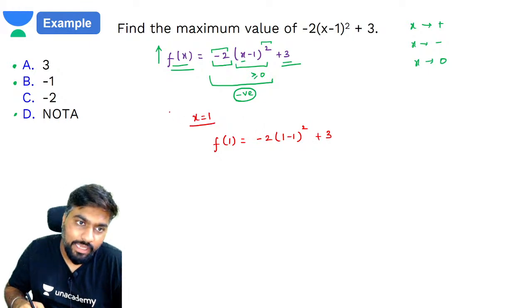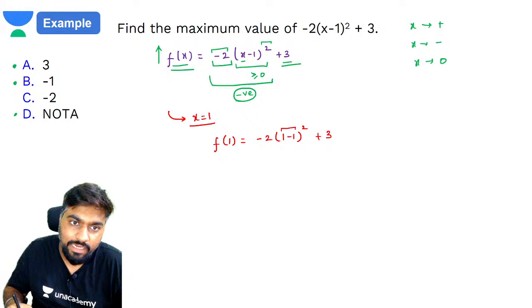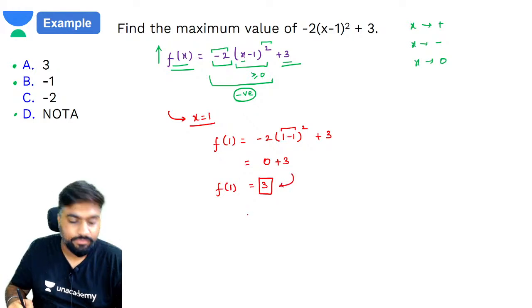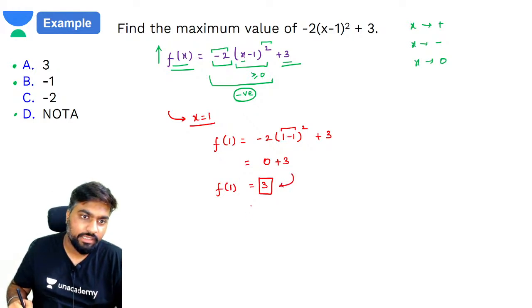Why did I plug in x is equal to 1? Because when I do so, I will get this part as 0. Ultimately, -2 into 0 is 0, plus 3, giving me the maximum possible value. Understood? Everybody?